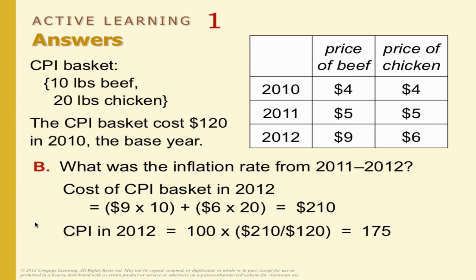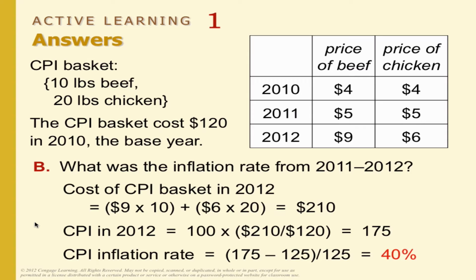There's no 210. The cost of the market basket is not involved in the CPI inflation rate calculation. It's CPI in 2012 minus CPI in 2010 over the initial year. It's 40% inflation.